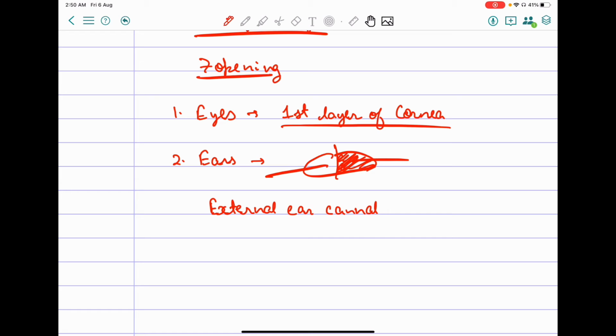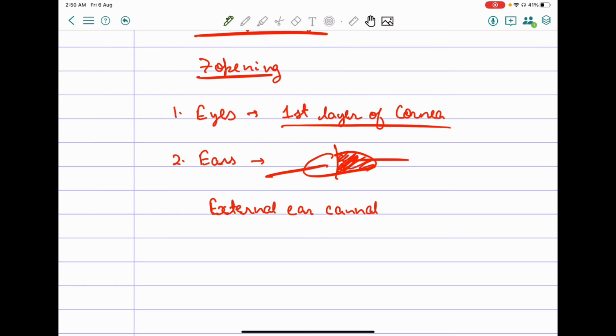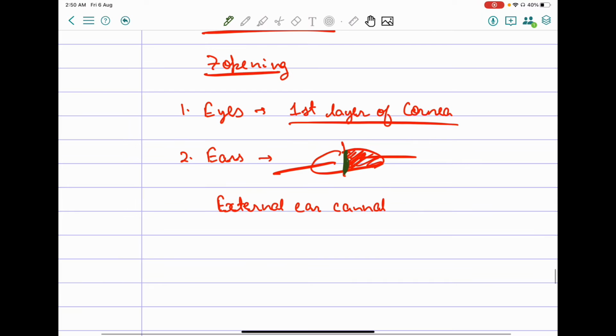External canal, or where else? At this surface. What is this? This is the tympanic membrane. Is the tympanic membrane made up of stratified squamous epithelium? Yes, but actually, like the epiglottis, the tympanic membrane has two surfaces, the outer surface and the inner surface.